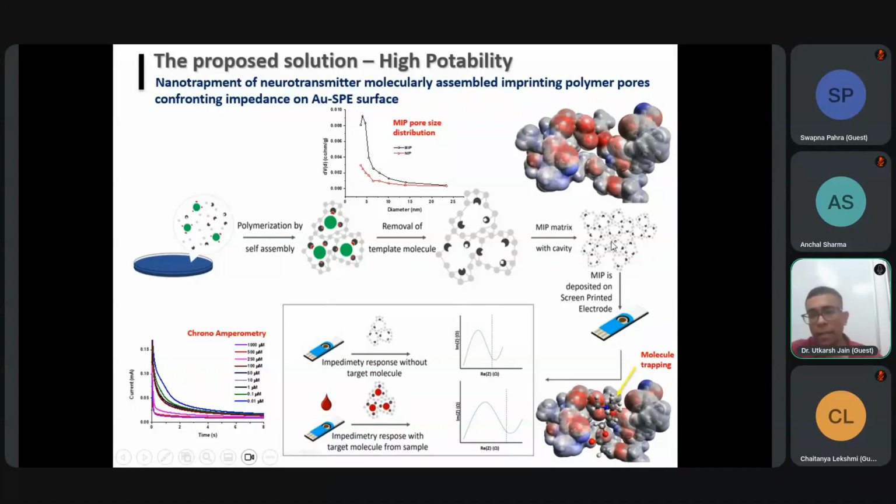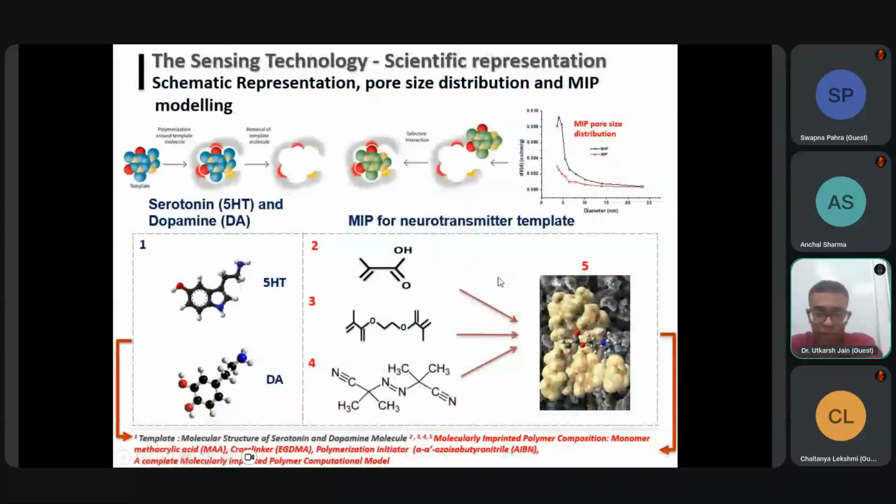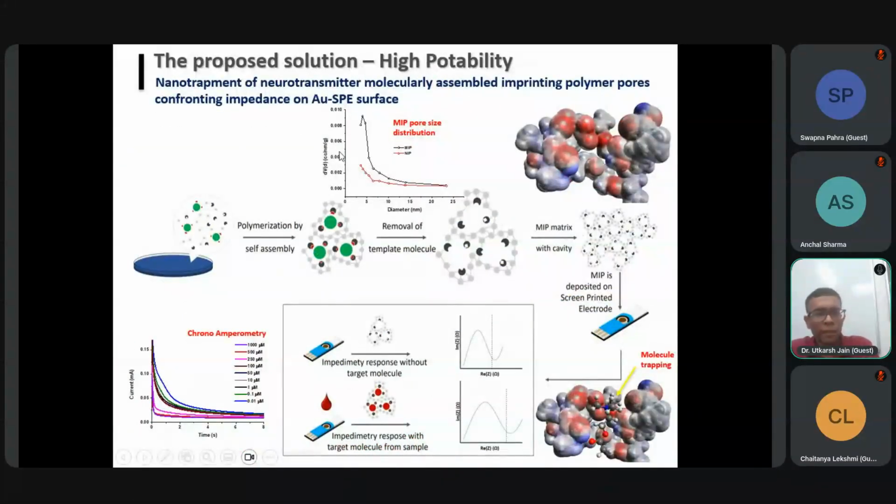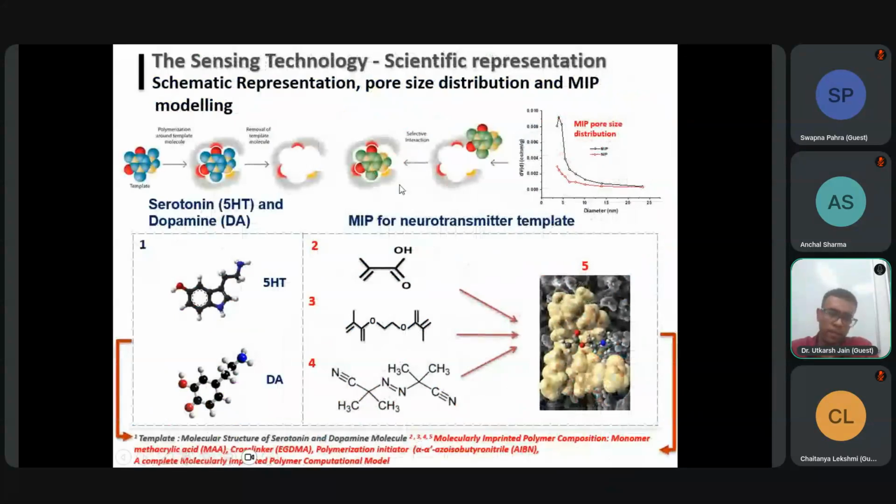We need to characterize whether the imprints we have formed are actually the imprints of the molecule. Then we perform BET analysis to check the surface area of the sieve or imprint which is formed. We worked on a couple of molecules, neurotransmitters and certain other biomarkers, and we got very good signals.